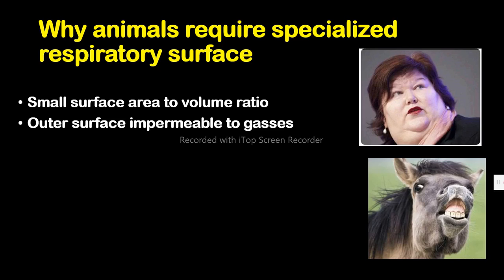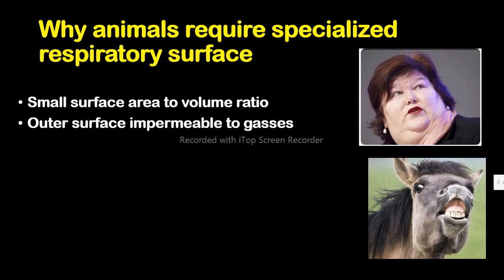Other animals, if it's not covered by fur, then the skin is keratinized. Like yours, it is stratified squamous keratinized epithelium. So that keratin doesn't permit entry of respiratory gases.